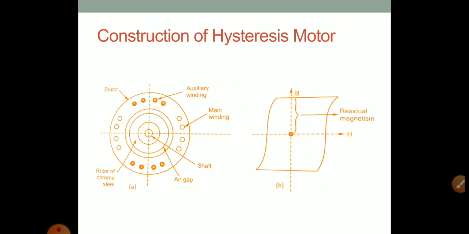The important term in this curve is residual magnetism. Residual magnetism means even at zero magnetic field intensity, the magnetic flux density is maximum or at saturation limit. Observe at the origin. This principle is used in the hysteresis motor.